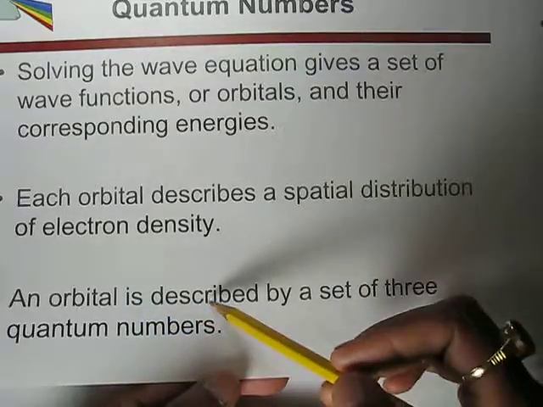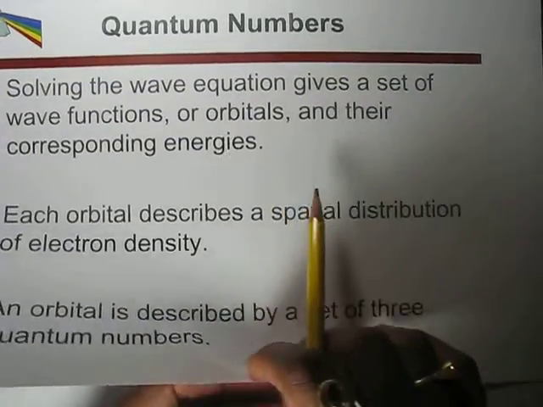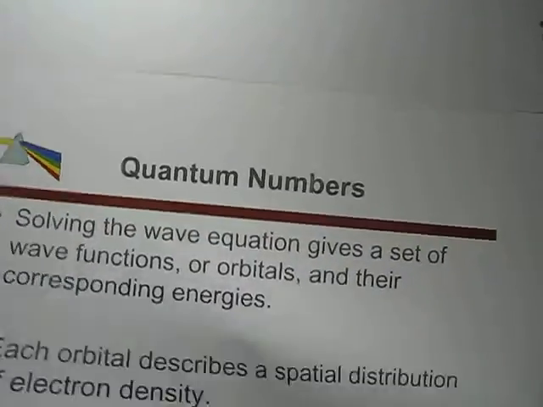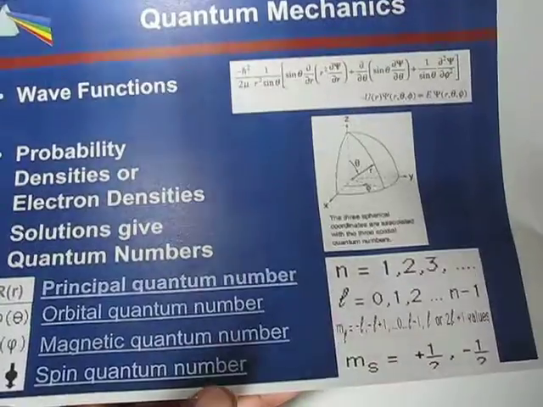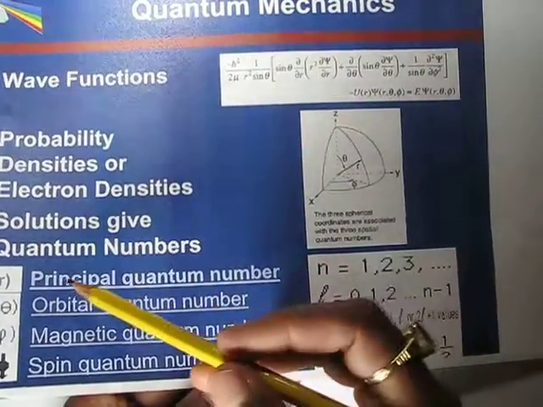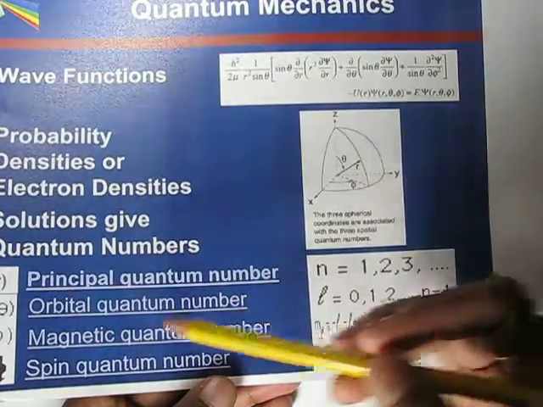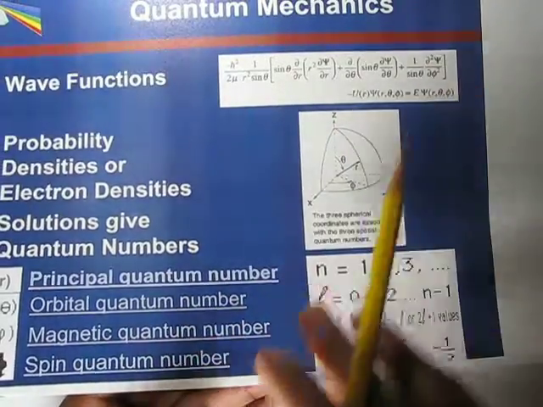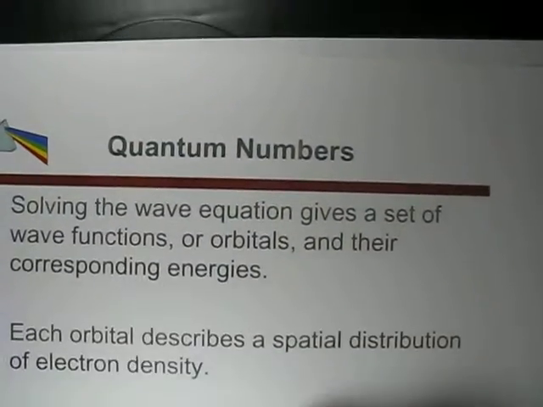And an orbital is described by a set of quantum numbers, which we have seen in a previous slide. Basically there are 4 quantum numbers: principal quantum number, once again, orbital or angular quantum number, magnetic quantum number, and spin quantum number. So we will look at these quantum numbers in detail once again.